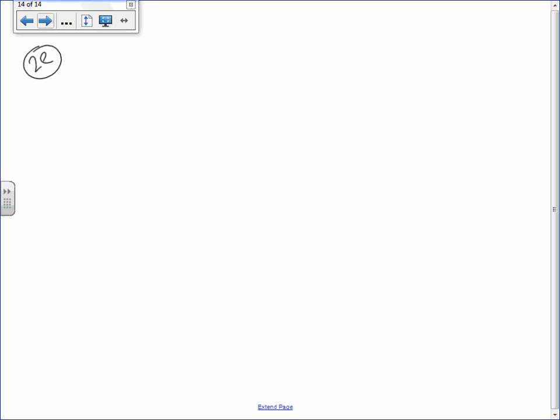For 2e, they gave us 3m cubed plus 6m squared minus 48m minus 96 is equal to 0. So let's see.